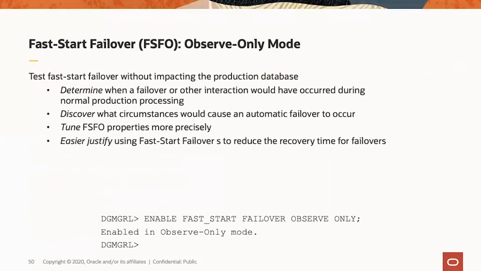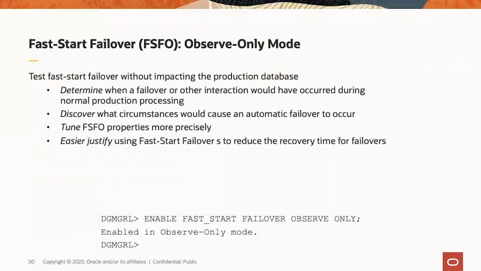To improve that and give you the opportunity to tune your parameters very well, we included the observe only mode. Basically it's just fast start failover, but we will just tell you that the failover would have happened. We will not do it.